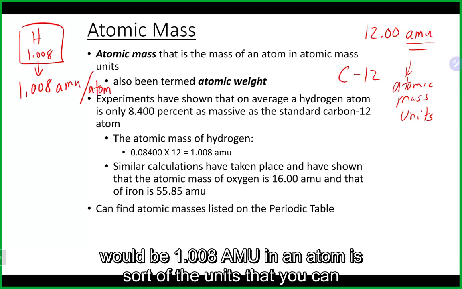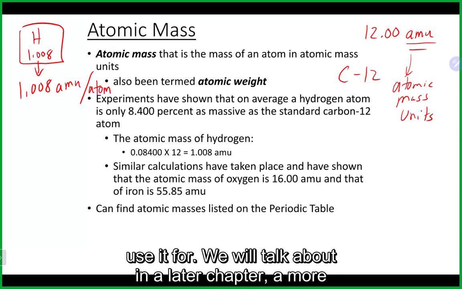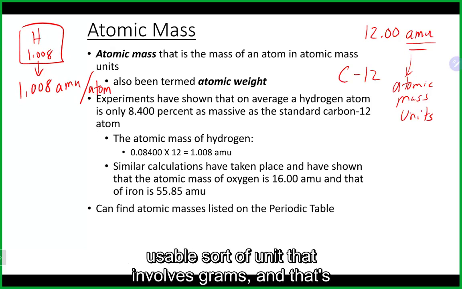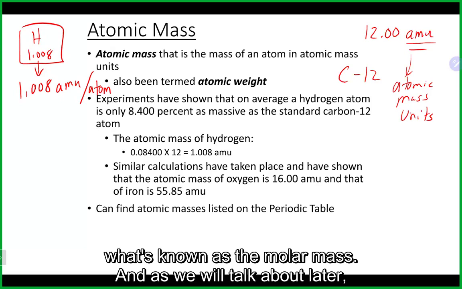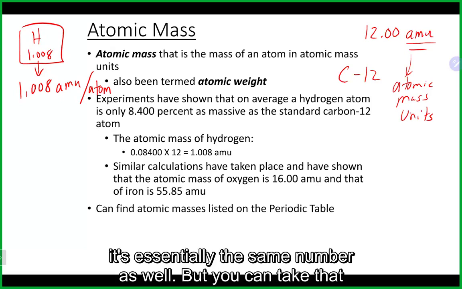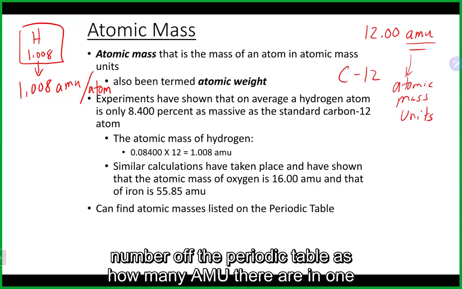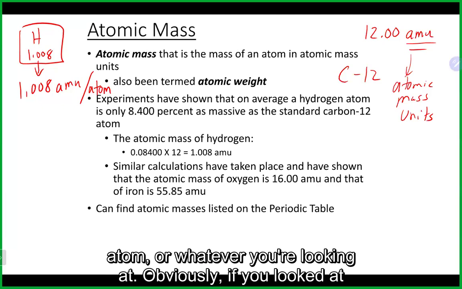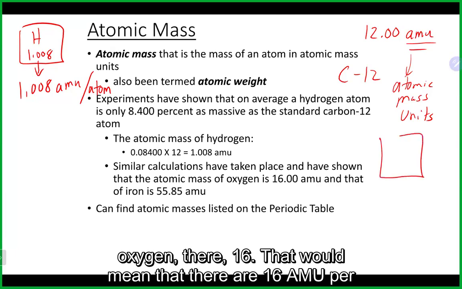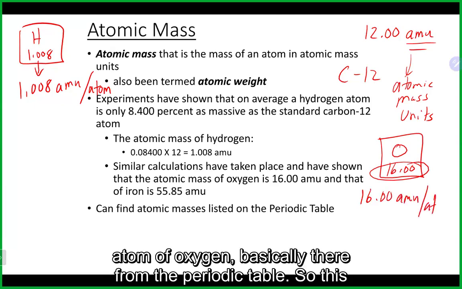We will talk in a later chapter about a more usable unit that involves grams, and that's known as the molar mass. As we will talk about later, it's essentially the same number as well. But you can take that number off the periodic table as how many AMU there are in one atom of whatever you're looking at. If you looked at oxygen, 16 would mean that there are 16 AMU per atom of oxygen.